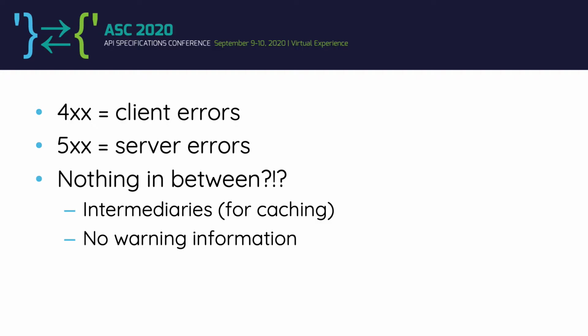For error communication, the status codes in the 400s and 500s are relevant, which represent client errors and server errors. Unfortunately, there is nothing in between. This means error handling is done in a binary way. Requests either fail or they are successful. But there's a lot of stuff that can't clearly be defined by one of those status codes.